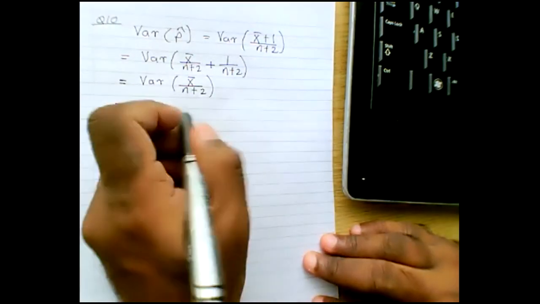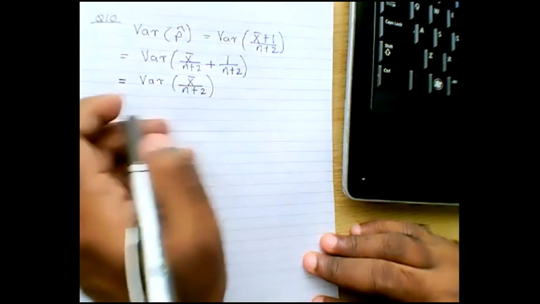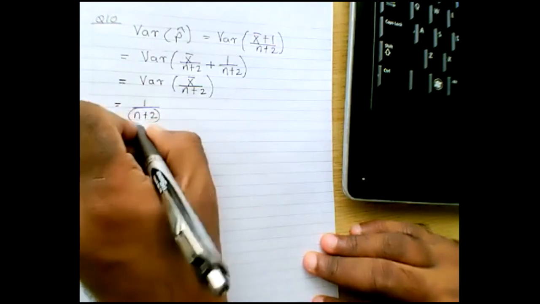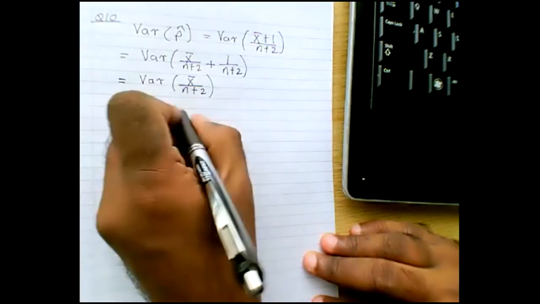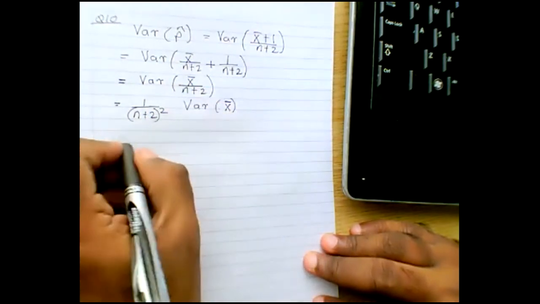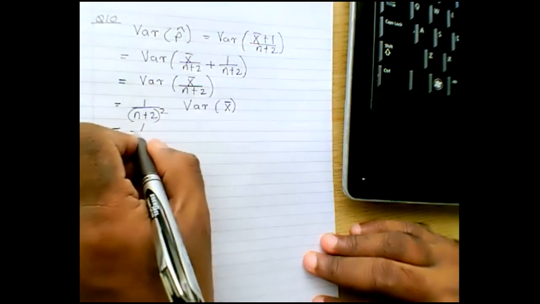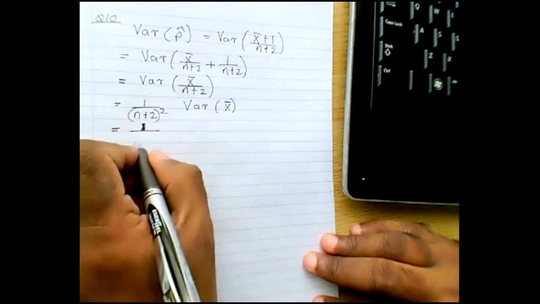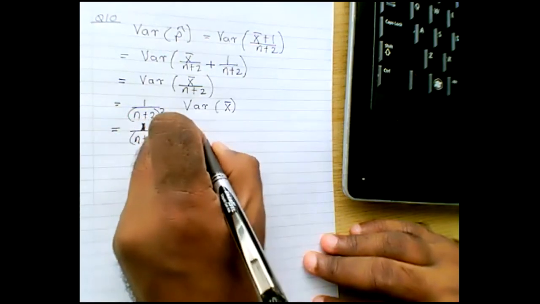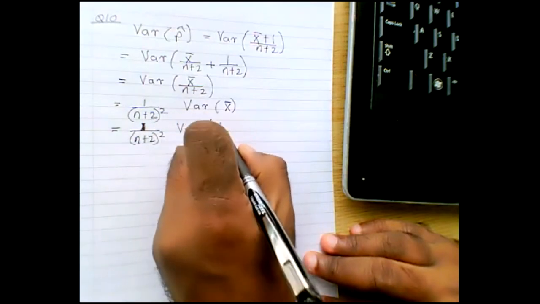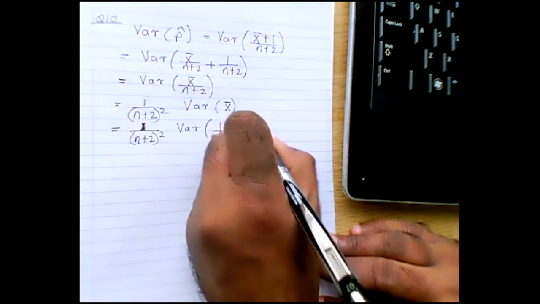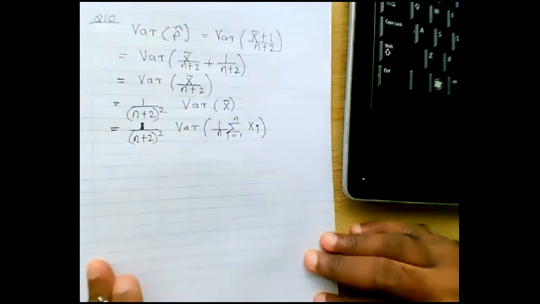All right, and also when you pull the constant outside, you need to square it, right? So it becomes 1 over (n plus 2) squared times the variance of x bar.